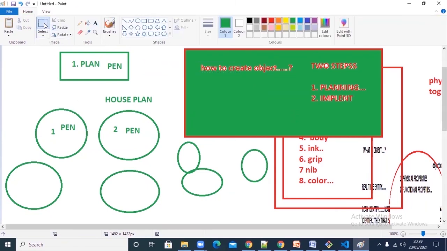Anything else you wanted? This is the first and foremost thing we need to understand. While we are creating objects using the plan, they will always share the plan, but they are different. Each and every object is different. They will have their own functional and physical properties.